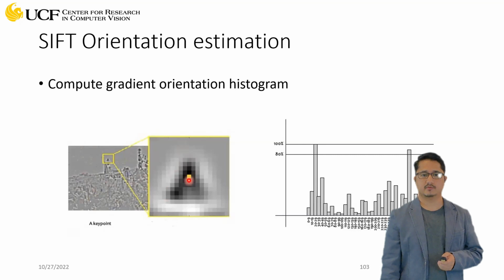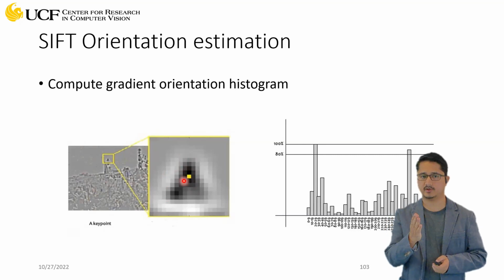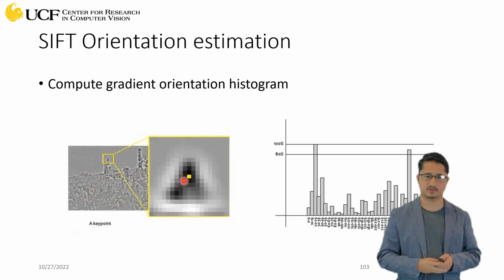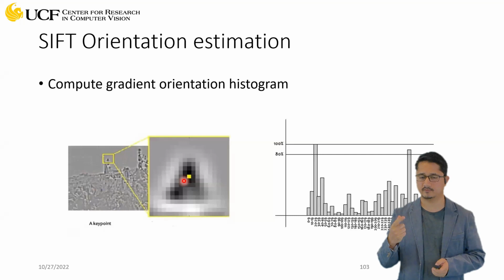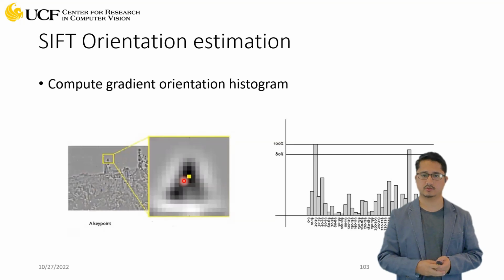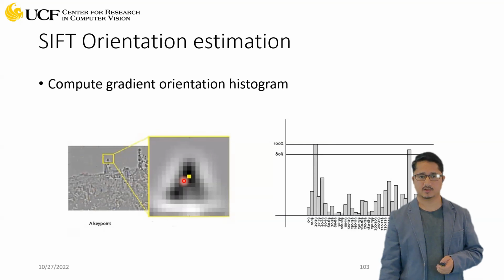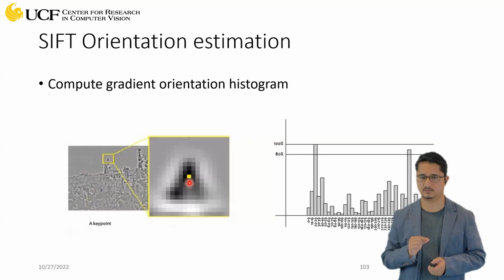Then for each pixel location, when you perform filtering, you can compute the gradient orientation. You find the gradient in the X direction and the gradient in the Y direction, then compute the orientation the same way you did for HOG features. That way, for each pixel location, you will have some kind of orientation.